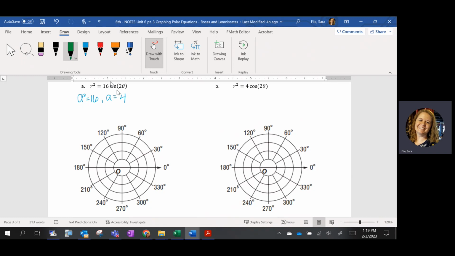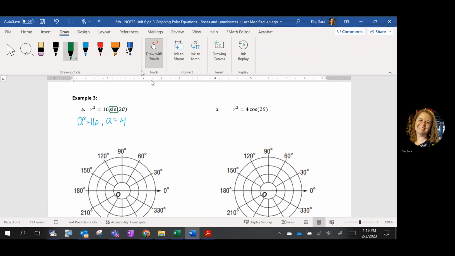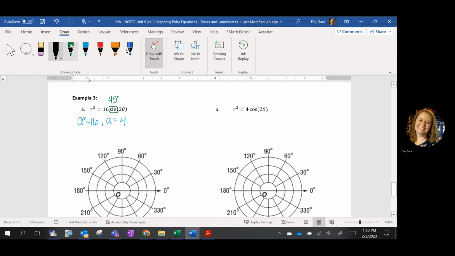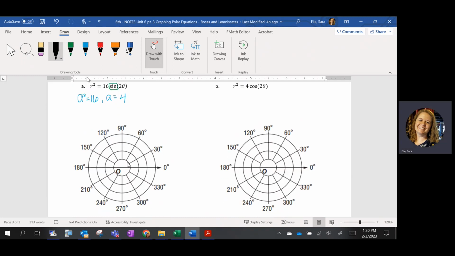All right, and then this is a sine lemniscate. So what angle is it going to be drawn at? At a 45-degree angle. Okay, so when I go to sketch this, at 45 degrees, I'm going to go 4 units out because that's the length of the petal.